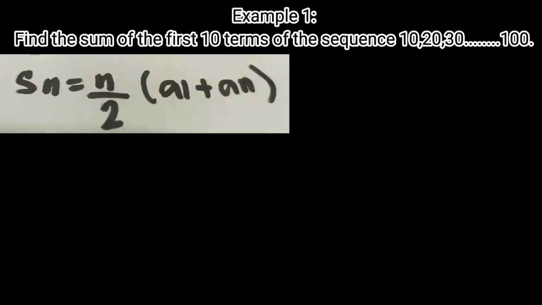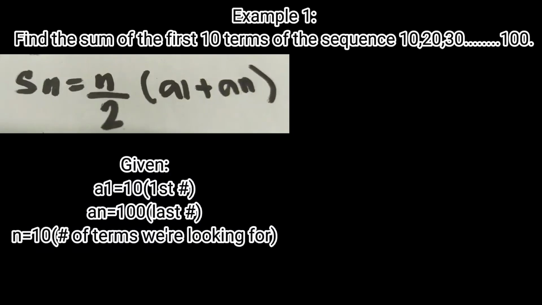And we have our last term, 100. Again, what are the given? A1 is equal to 10, which is the first number, and an is 100. This is the last number given, and n, which is 10, is the number of terms we're looking for.